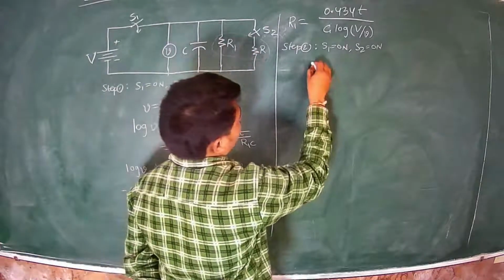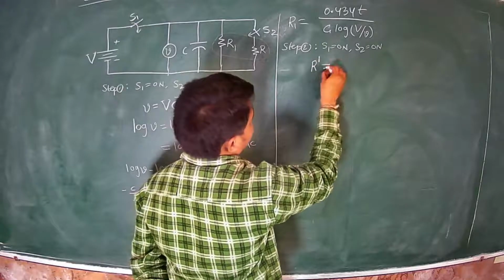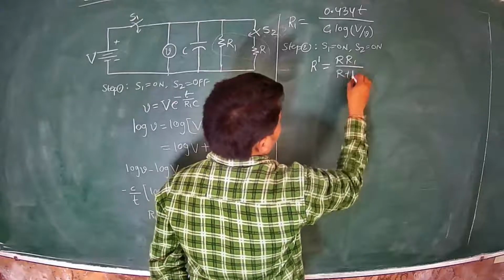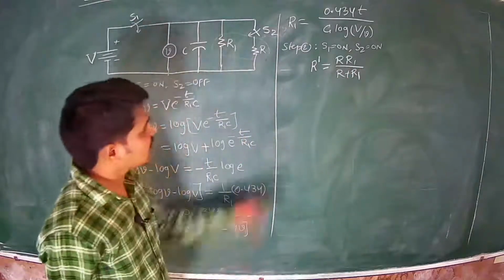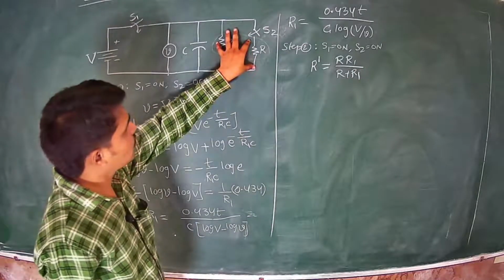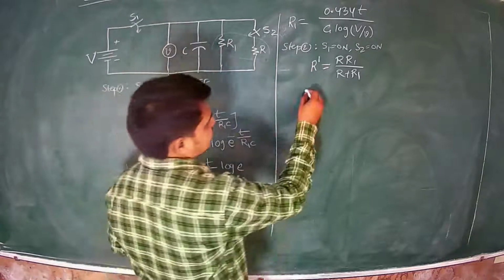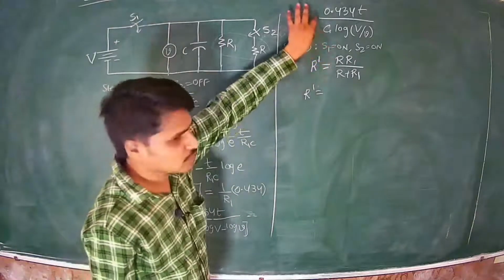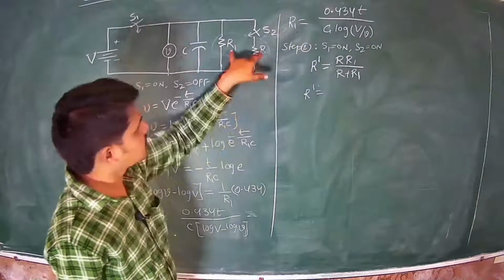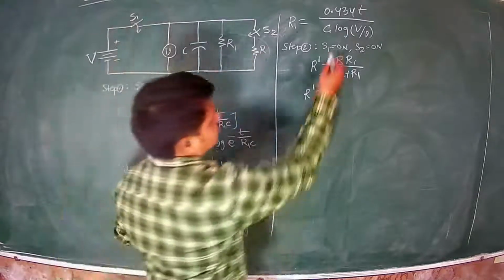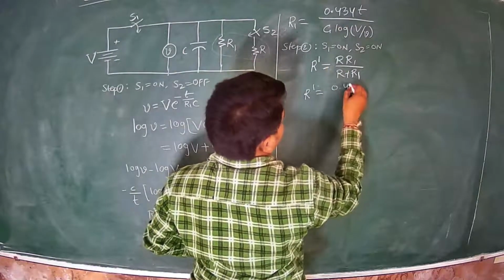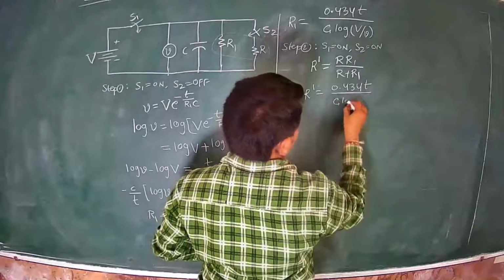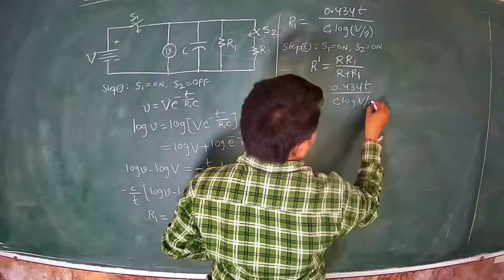Therefore I am going to get one resistance, let us say R dash equal to R into R1 by R plus R1, because this is a parallel combination. Now this R dash can be written, similarly to this derivation, as the same 0.434 into t by C log capital V by small v.